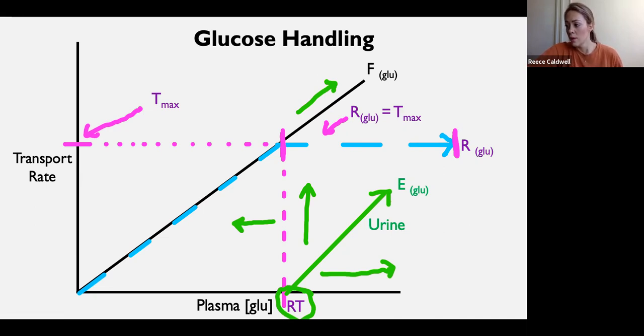We do not see glucose excretion occur until we hit that renal threshold. Before the renal threshold, we will not see glucose in the urine. It will just be reabsorbed in the body for energy, which is how it is supposed to be. But once we hit renal threshold, it will be excreted in the urine, which is not good.